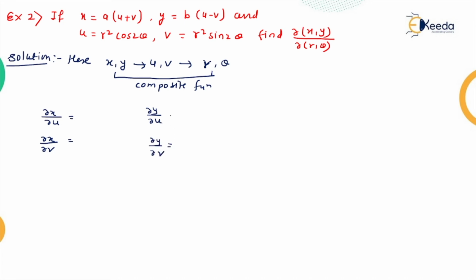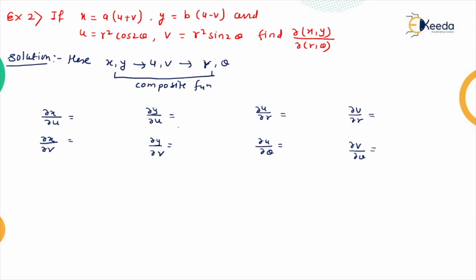So these are the four values. You first calculate this. Also you have to find ∂u/∂r and ∂u/∂theta, as u, v are the functions of r and theta. So again ∂v/∂r and ∂v/∂theta. You must find these values, guys.